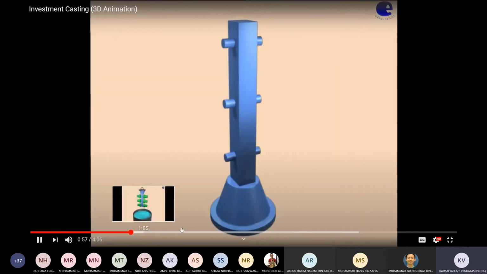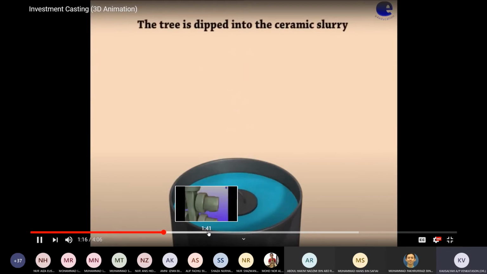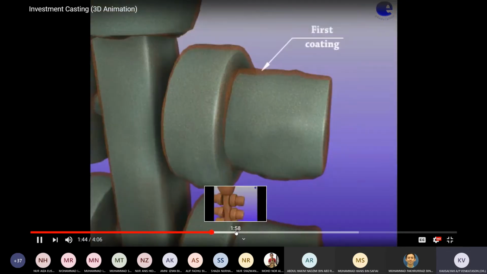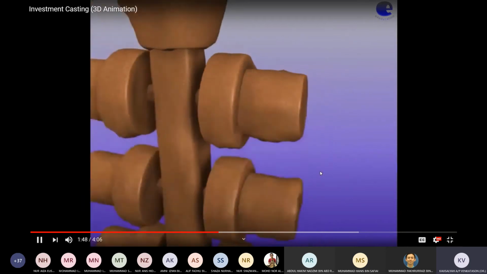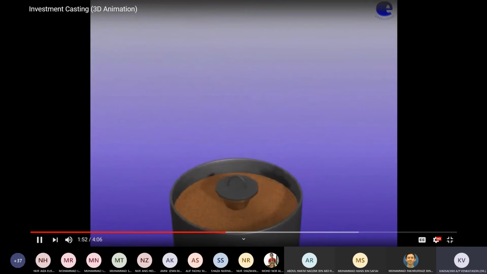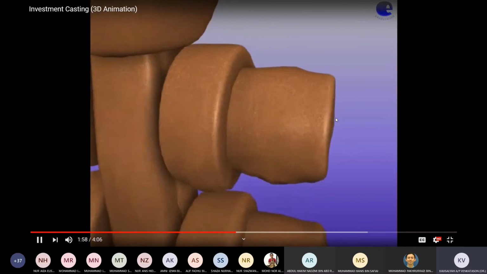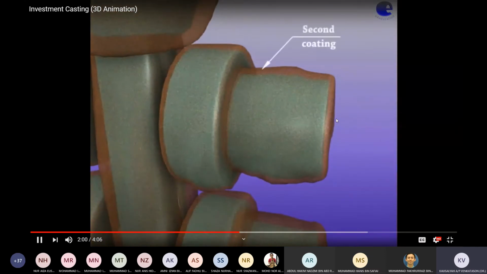Assemble in the tree. We dip in the slurry or refractory material again, in and out. And we have a few layers of it to allow some thickness to form.